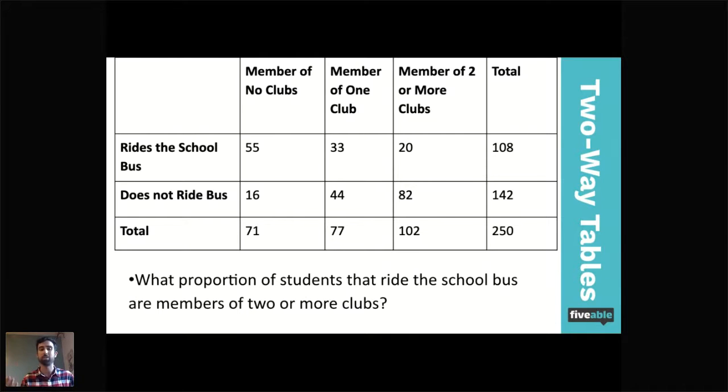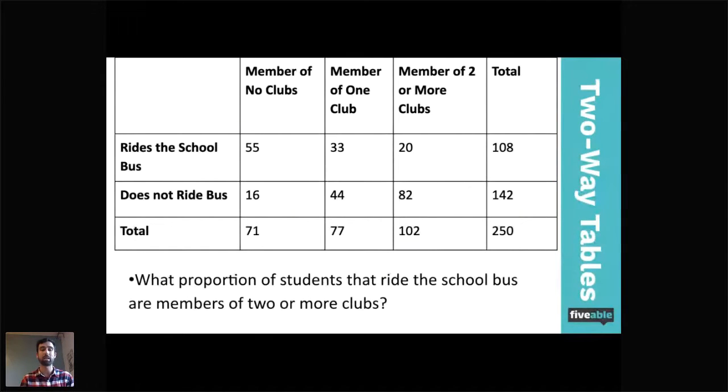On top, we have our second variable, which is, hey, how many clubs do you belong to? Now, we organized it in a categorical way. This also could be a quantitative variable, but in this case, it's categorical because you're either in no clubs, you're either in one club, or two or more. So we organized it into 3 different categories. So our one variable is how do you get to school, and our second variable is how many clubs are you in.